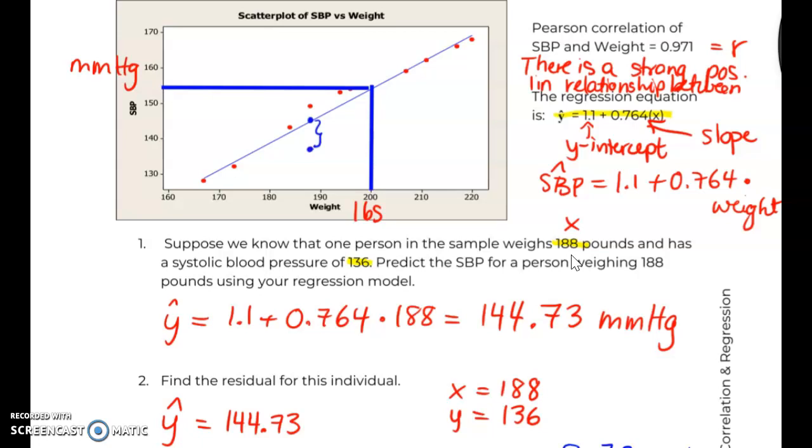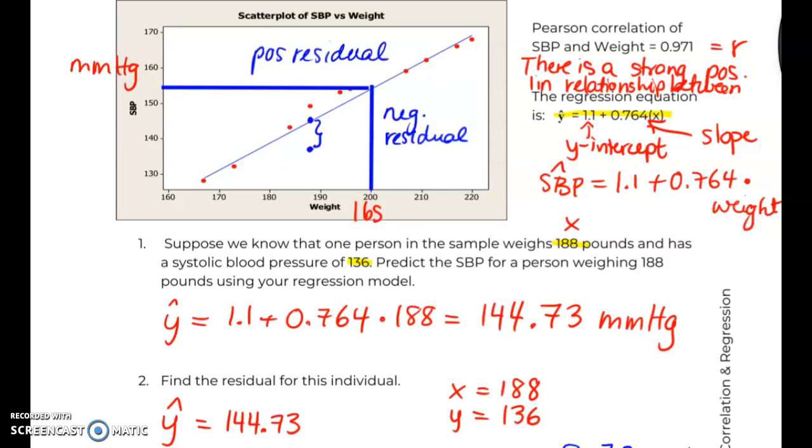Moreover, any value that is below the line will have a negative residual, and any value above the line will have a positive residual.